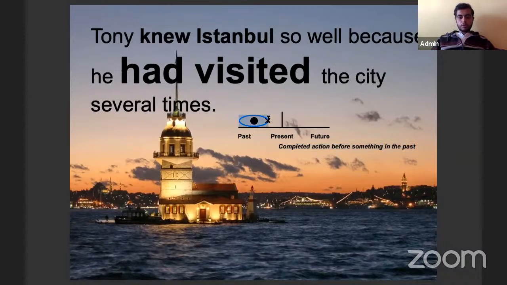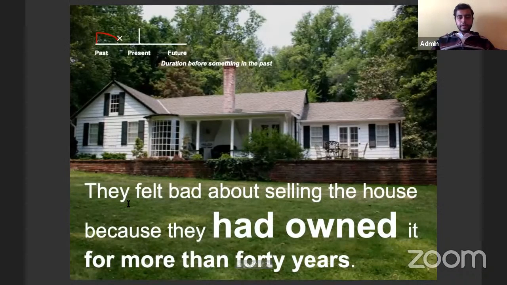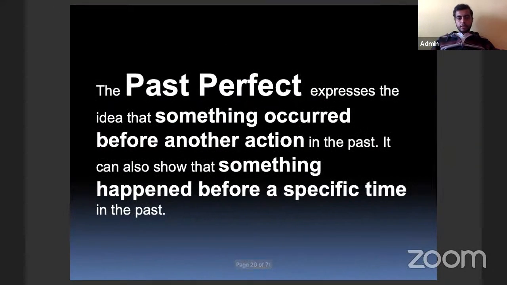Okay? Focus on this. Very simple. Something had happened before something else in the past. Now again, they felt bad about selling the house because they had owned, again past perfect, had owned it for more than 40 years. They felt bad.